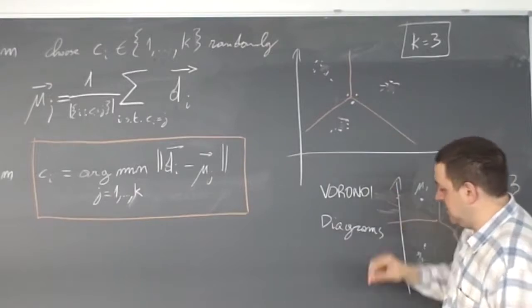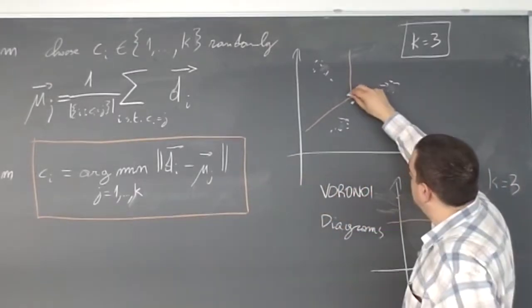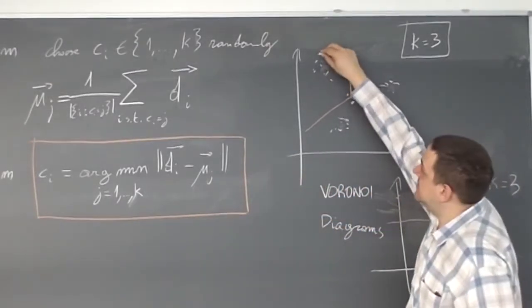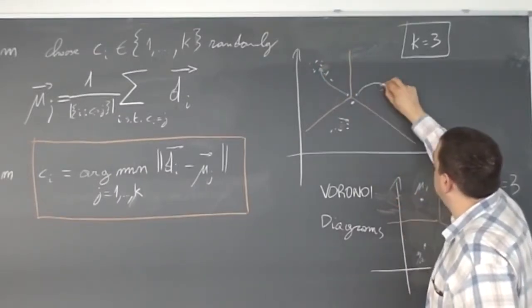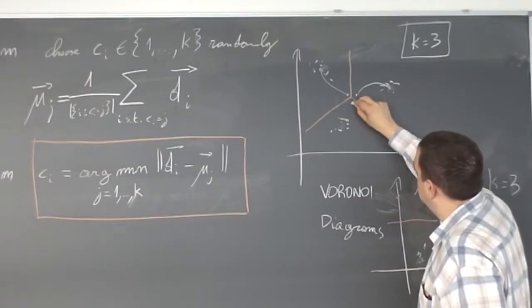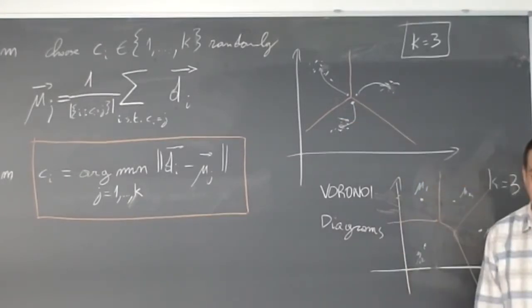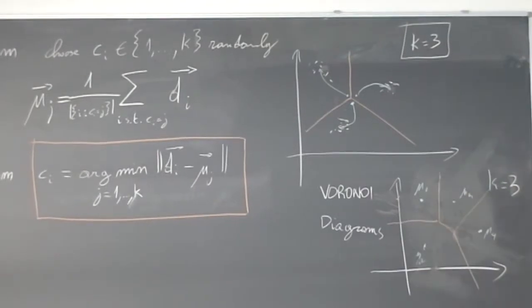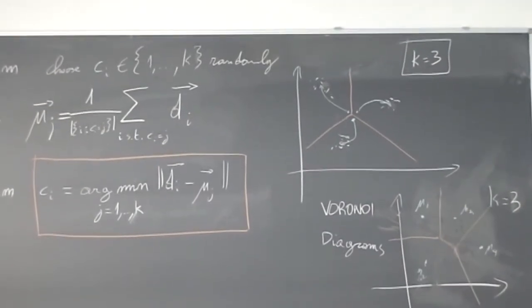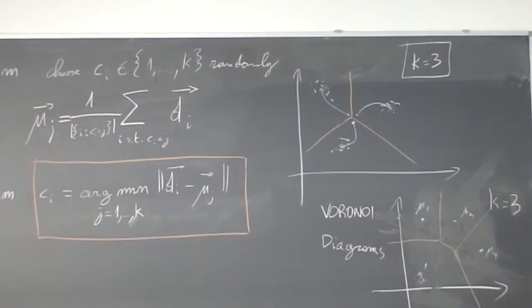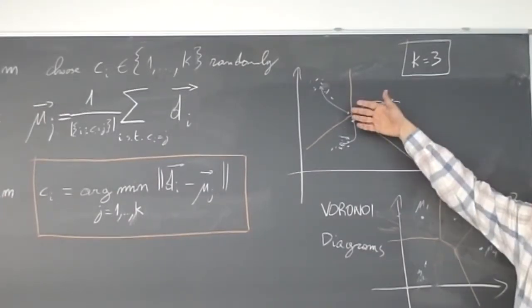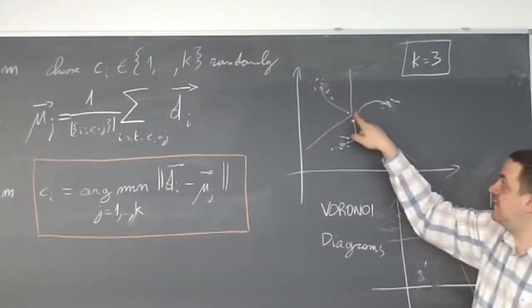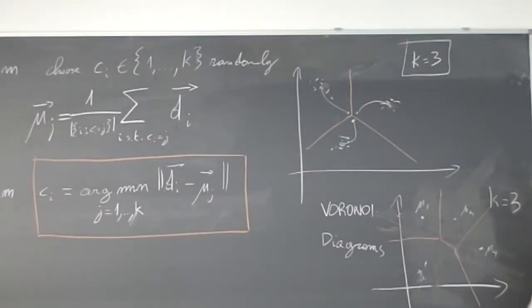So actually, this representative at the second step would be moved as the centroid of this group of points. So it will fall here, this centroid will fall here, and this will fall here. Okay, so in the case that I have drawn, actually after one iteration, everything will fall at the right place.